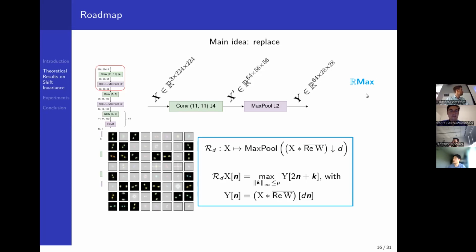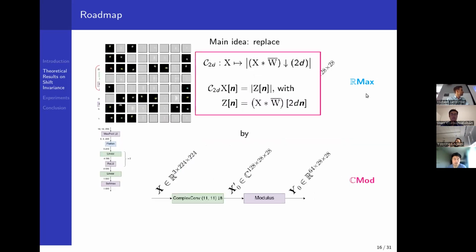Now let's replace this feature extractor by another one. This feature extractor is not found in real life CNNs, but it's kind of a proxy for the Rmax feature extractor. It is composed of a complex convolution followed not by a max pooling, but by the modulus operator.